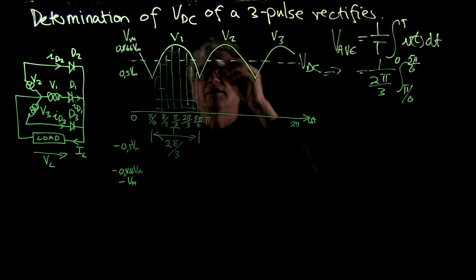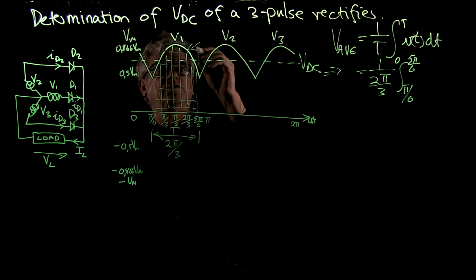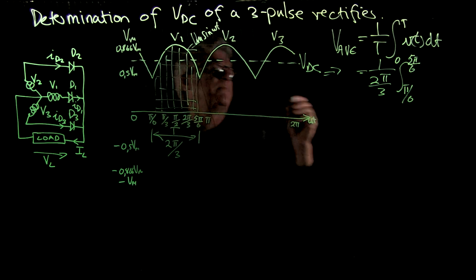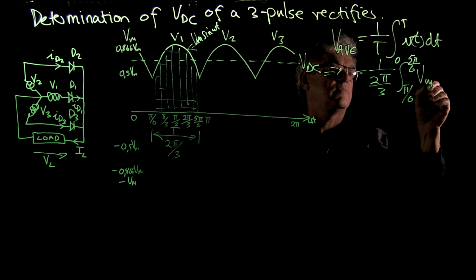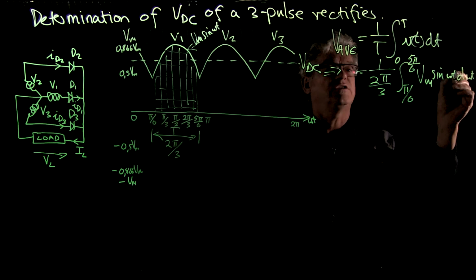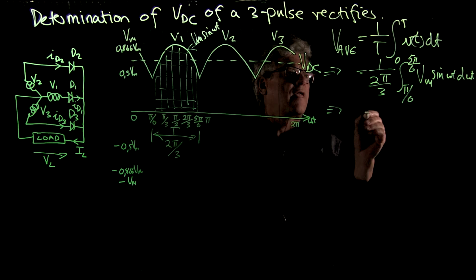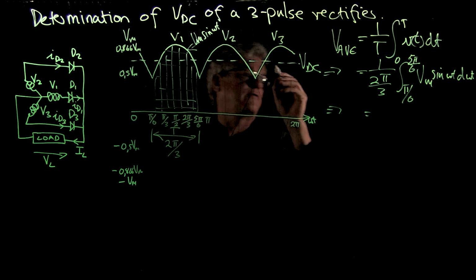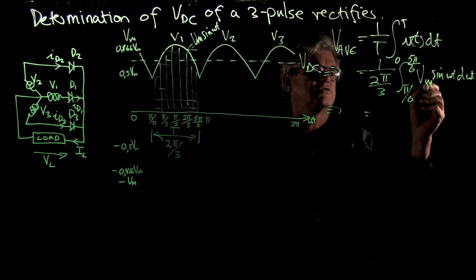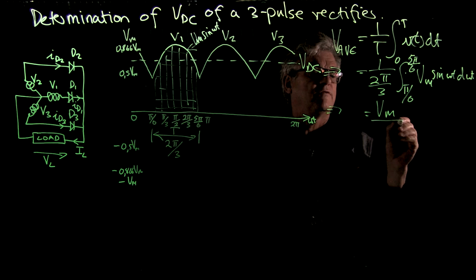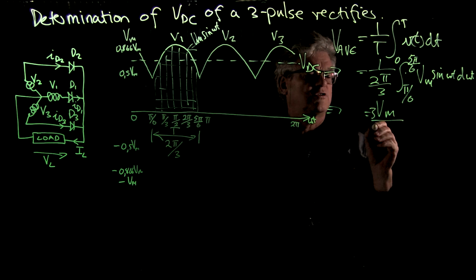And V(t), this section here, is equal to Vmax sin omega t, d omega t. Vmax stays a constant. It is this point here throughout the whole of the period that is concerned. So we will bring it out of the bracket. Vmax, the 3 goes to the top.